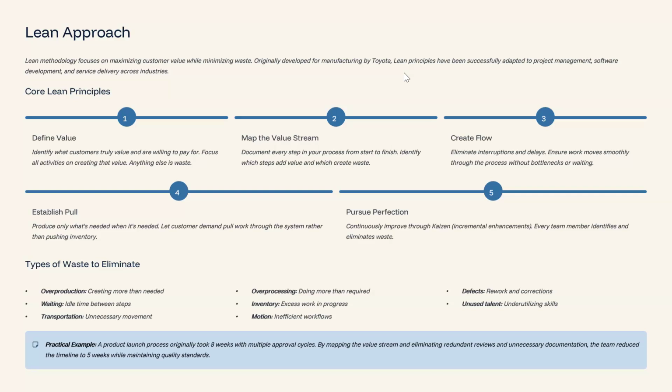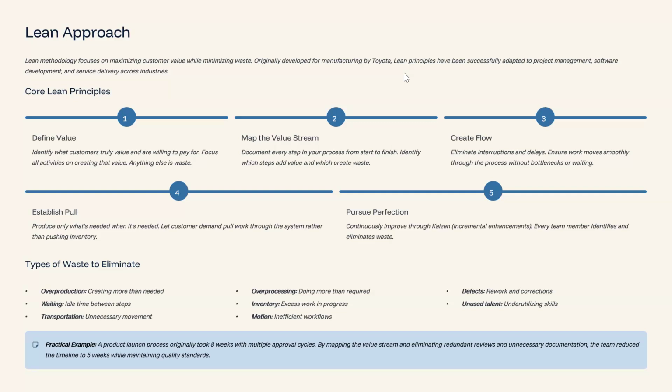It's identifying what the customer actually wants and delivering that, to avoid waste. The second point is to map the value stream: document every step in your process from start to finish, and identify which steps add value and which create waste. These are the principles of lean.